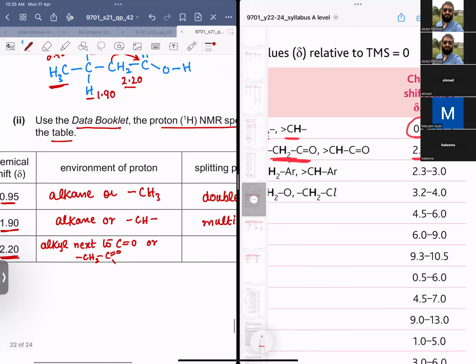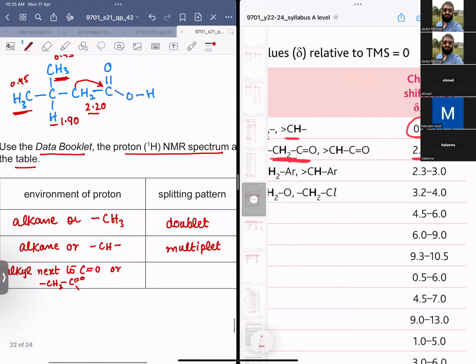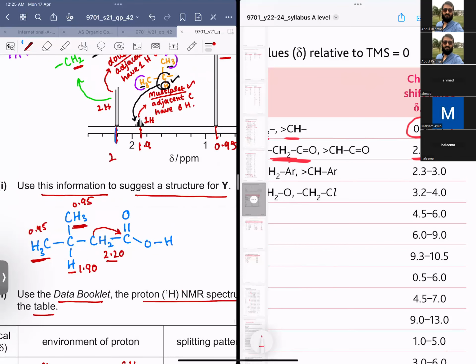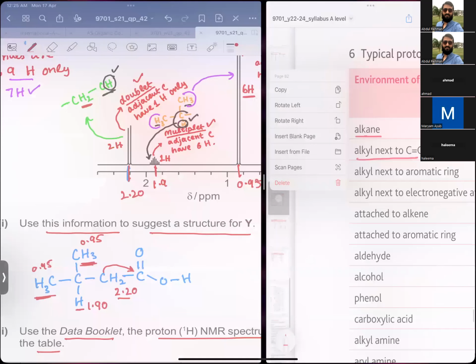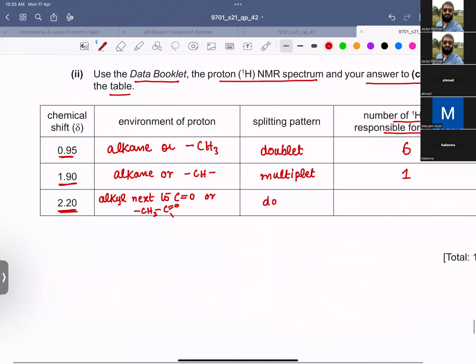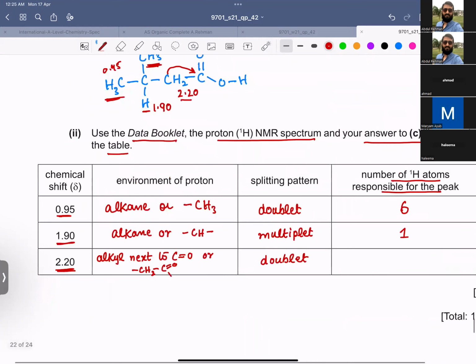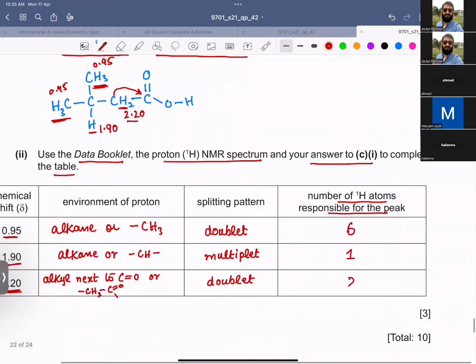And when we talk about its splitting pattern, see, this is 2.20, and we have decided its splitting pattern is a doublet. Now I think there is no need of this table. So I may write it's a doublet, and the hydrogens which are responsible for this peak are 2. So I can write 2 over here. Is this clear?